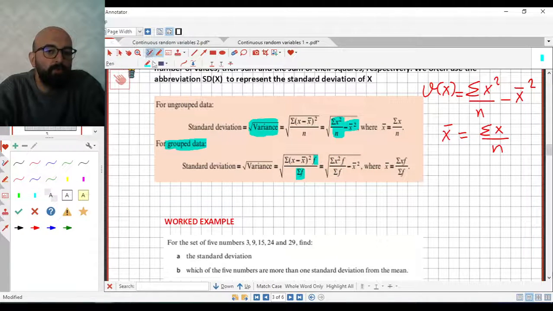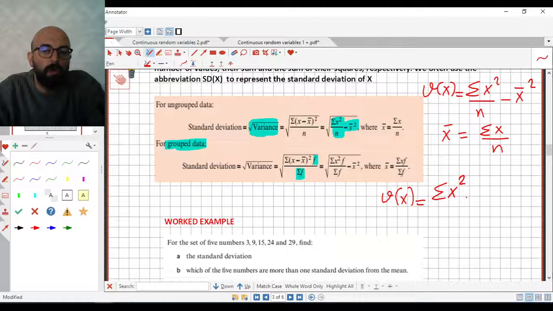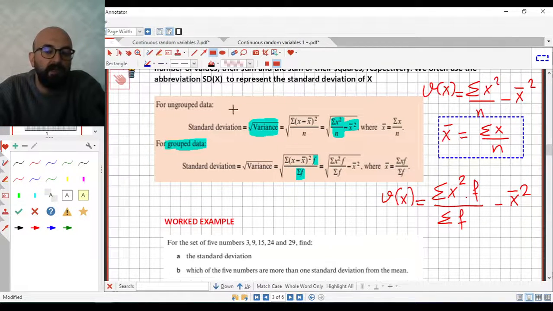Now if you want to compute the variance for group data, your variance formula is the sum of all data squared multiplied by frequency over the sum of the frequencies, minus the mean squared, where the mean is the sum of x over n.